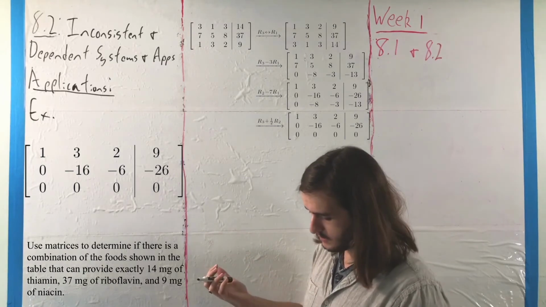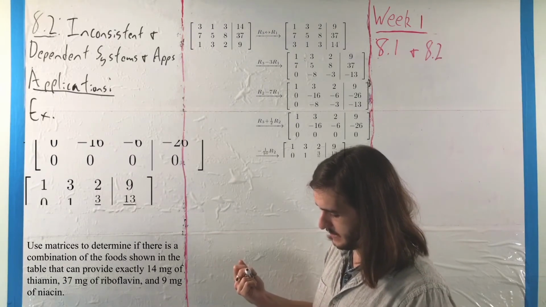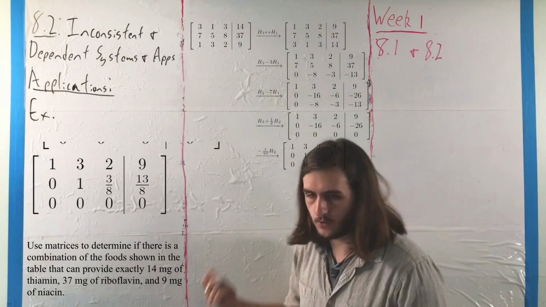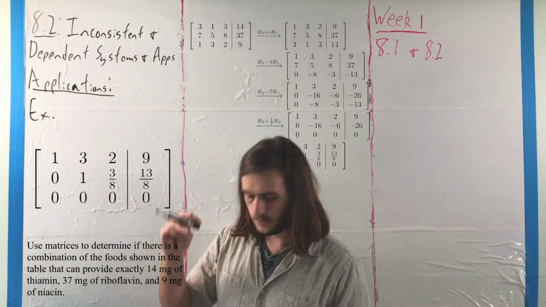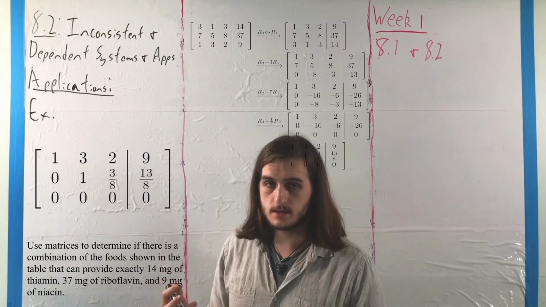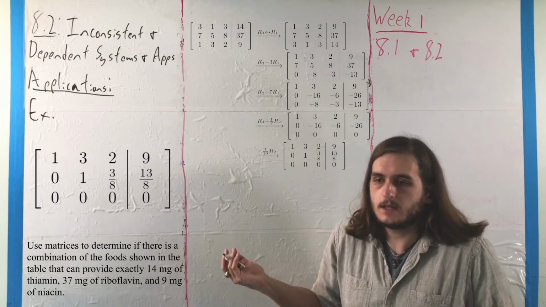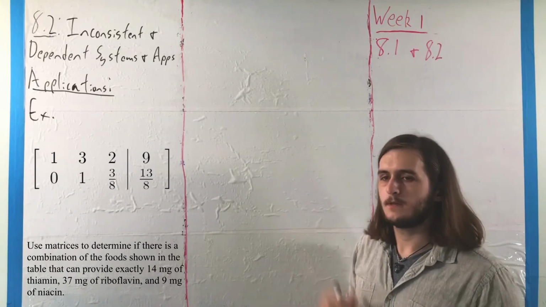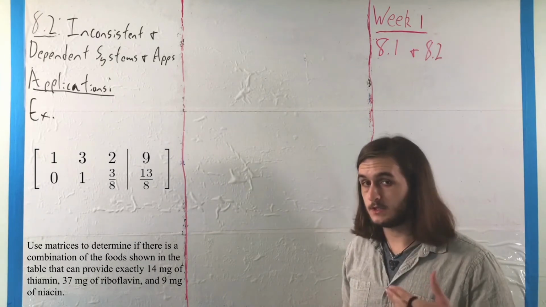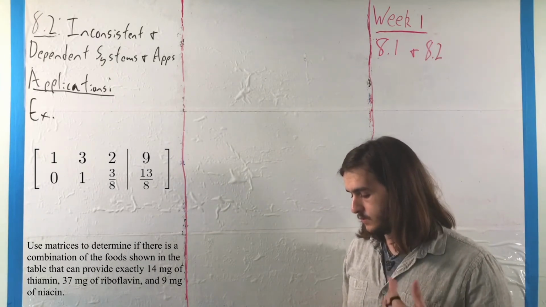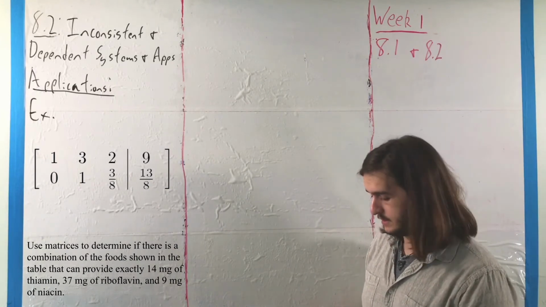And then I'm also going to simplify out that row 2 to leave it in form 0, 1, 3/8, 13/8. And then from there, because that last row contains nothing of value, it'll pull right out. And we'll be left with 1, 3, 2, 9, and 0, 1, 3/8, 13/8.